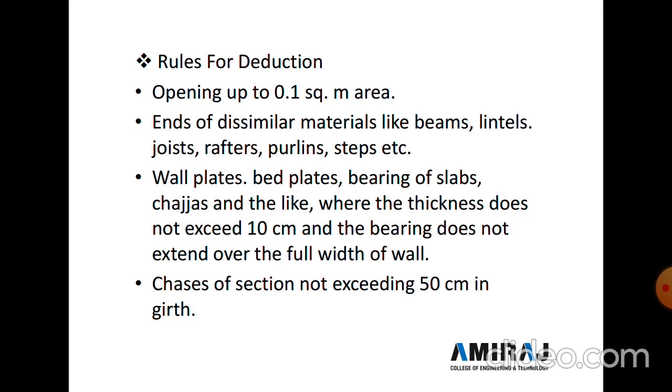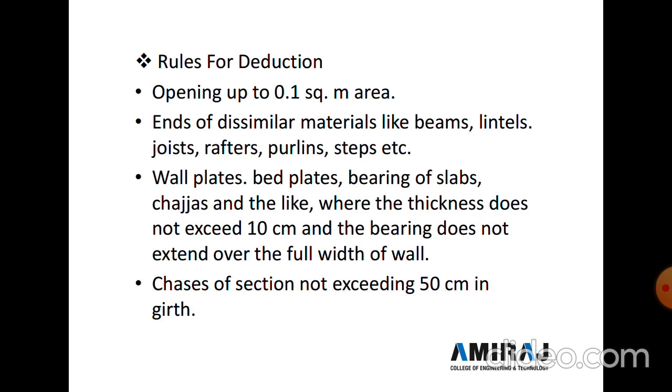Now some of the rules for deduction in stone masonry work. Openings up to 0.1 square meter area, and ends of dissimilar material like beams, lintels, joists, rafters, purlins, steps, etc., wall plates, bed plates, bedding of slab, chajjas and the like, where the thickness does not exceed 10 centimeter and the bedding does not extend over the full width of the wall.